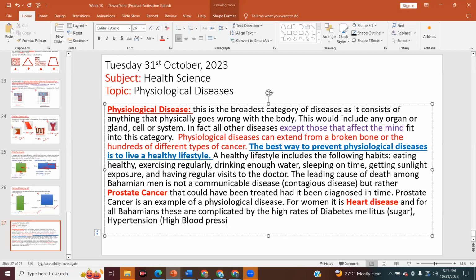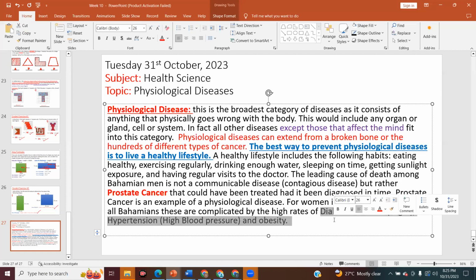By the way, all of these are physiological diseases, and obesity. What does obesity mean? I wonder what obesity means. You're too fat. I'll say it like this, when you are overweight. Okay, overweight and obesity are two different things.